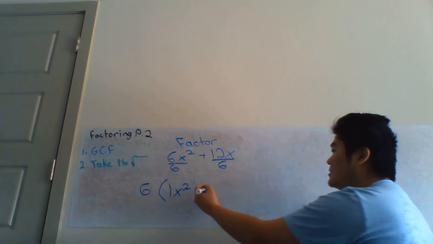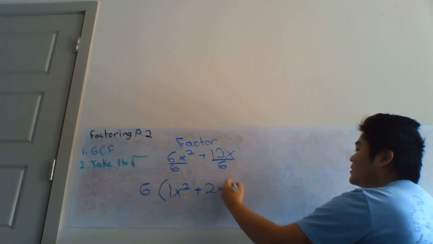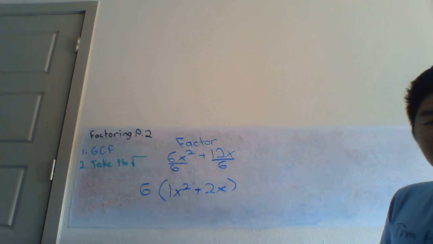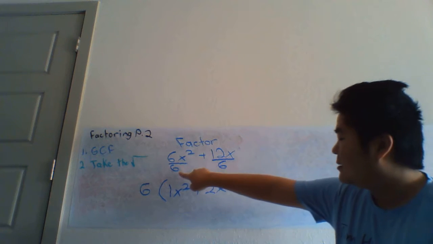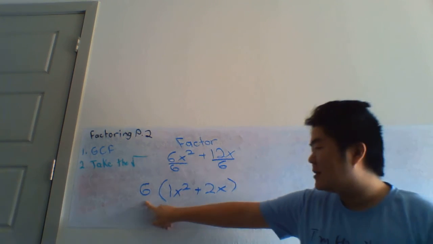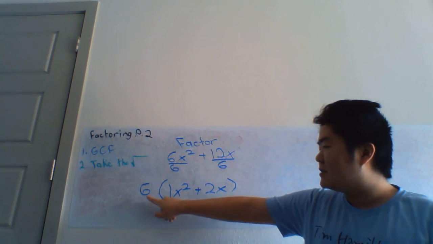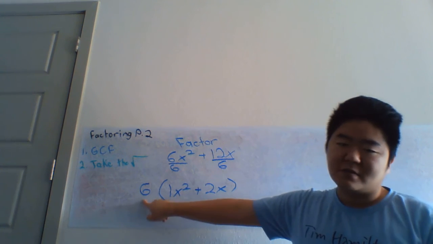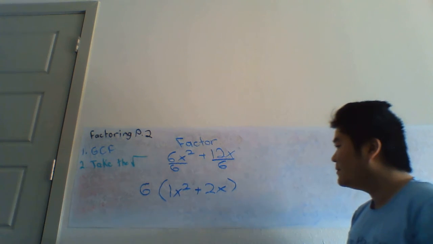Yep, it is 2. And then don't forget that x. Then you're going to close that parentheses. So if I divide both of them by the same thing, I'm actually going to take it out here. It's kind of like telling me, okay, I divided everything in here by 6. So that's what we're doing for factoring by GCF.